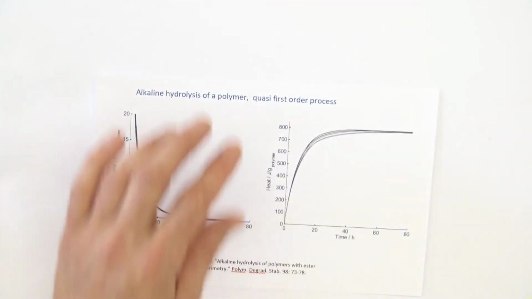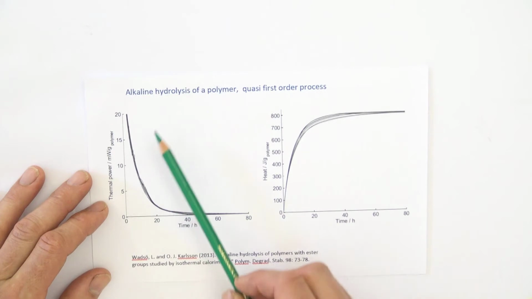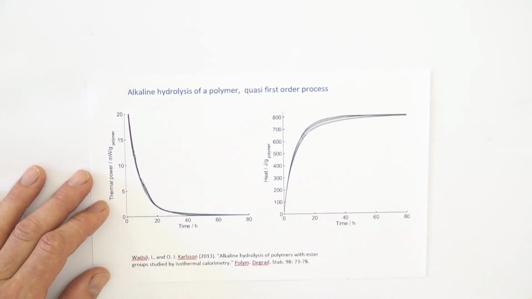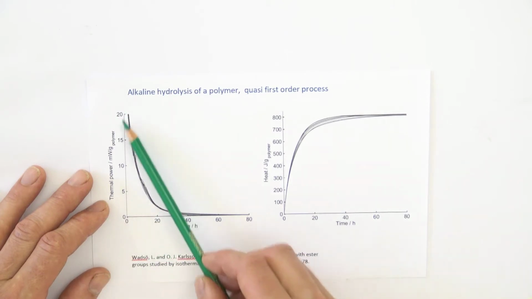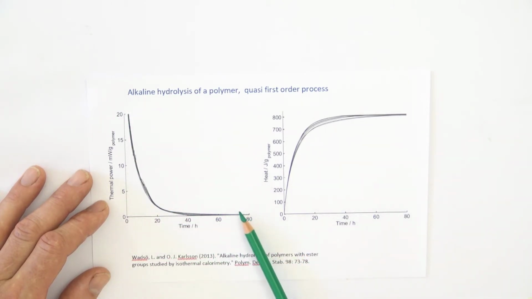Now, when can this be a problem? Well, I'll show two cases. The first one corresponds to a chemical reaction, alkaline hydrolysis of a polymer, polylactic acid in this case. And here are 8 measurements, and this reaction is quasi-first order.